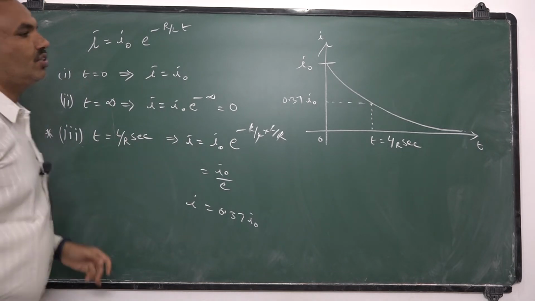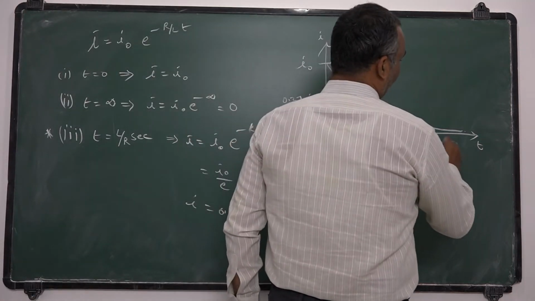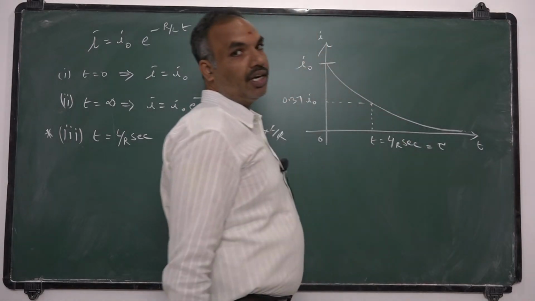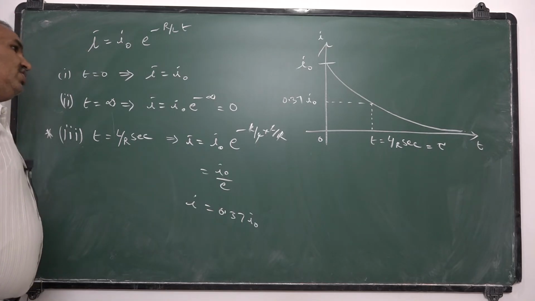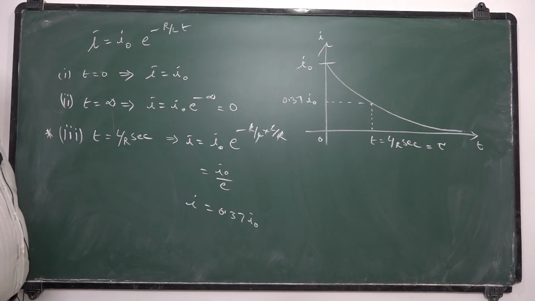Here the time constant of the circuit is defined as the ratio of inductance to resistor connected in the circuit. Otherwise, the time taken by a fully charged LR circuit, that means maximum current is already stored in the inductor in the form of magnetic energy, to decay, such that the time taken by the maximum current to decrease its value to 0.37 times of the maximum value is called the time constant of the circuit.